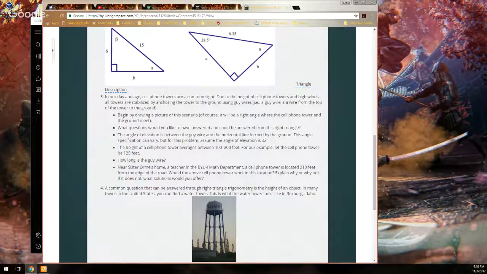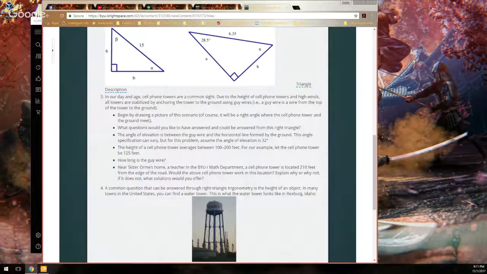What question would you like to have answered and could be answered from the right triangle? The angle of elevation is between the guy wire and the horizontal line formed by the ground. The angle specified can vary, but for this problem, assume the angle of elevation is 32 degrees.